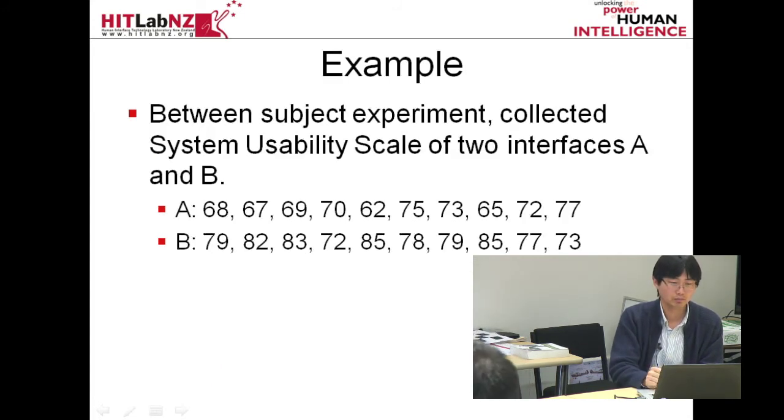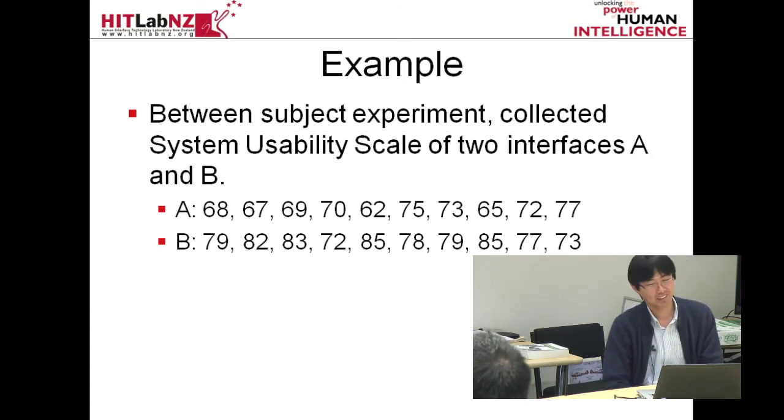So for example, let's say we had a between subject experiment and collected SUS, system usability scale, scores. There's a little bit of debate whether it's ordinal or interval, but as I told you last time, strictly speaking it has to be considered ordinal data.